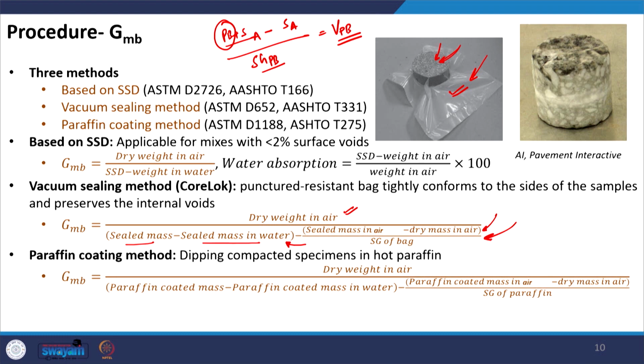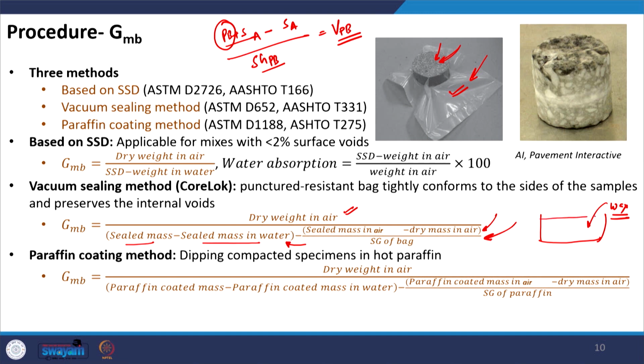And then in the third method, which is the paraffin coating method, we take a container and fill it with paraffin wax, a liquid paraffin wax; we will heat it and fill it. For this paraffin also, we have to know the specific gravity from the supplier, or do the measurements in the laboratory.